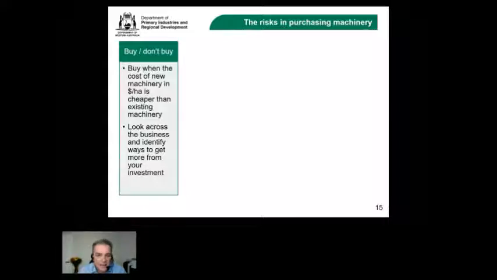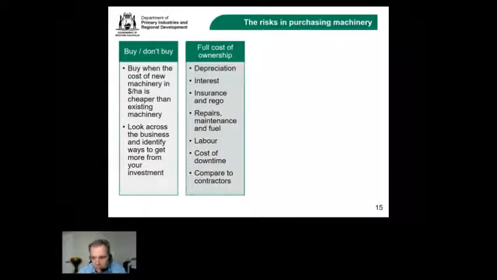And what we're looking at here, when we consider the costs and the benefits, is the full cost of ownership, not just the operating costs. We're looking at the extra costs compared to what we're currently doing. So if we're upgrading plant, and the operating costs are the same between the new plant and the old one, then there is no extra cost in getting that new plant.